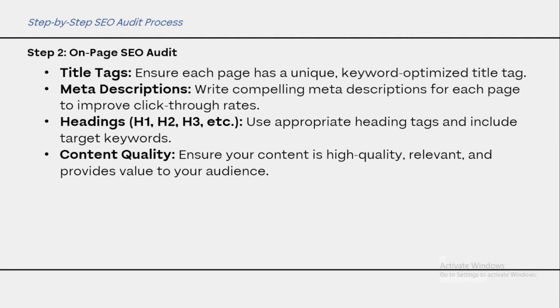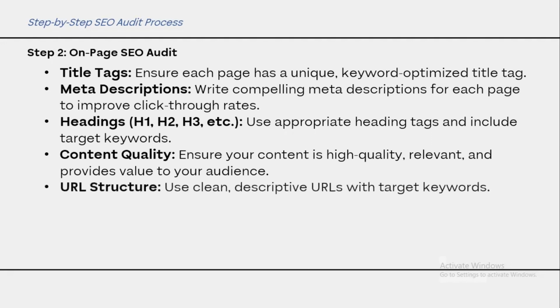It is imperative that you ensure that your content is high quality, relevant to the topic, relevant to your keyword, as well as relevant to your audience, and provides value to your audience in general. Then the URL structure. Your URL should be clean, descriptive, with target keywords. So avoid URLs that are long, have dates, and basically too long a structure.